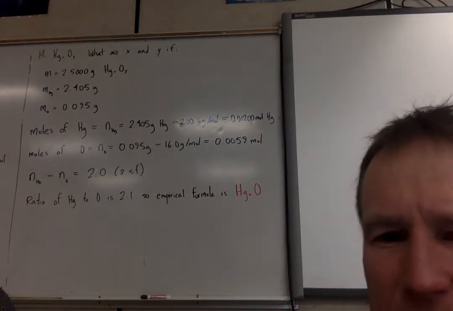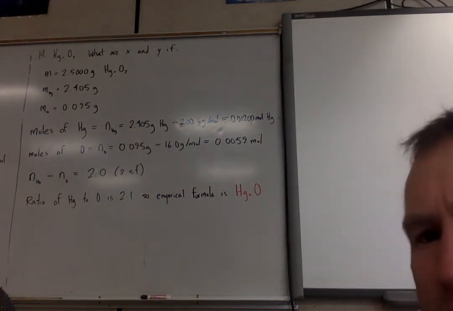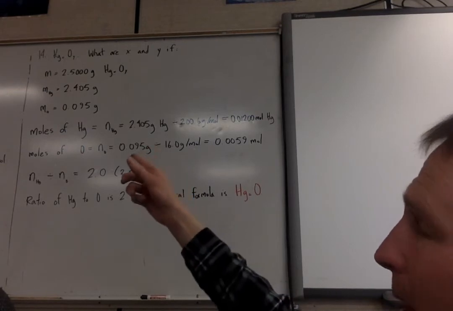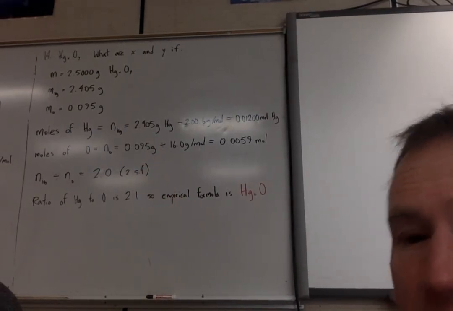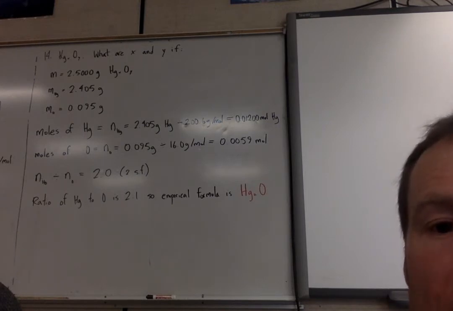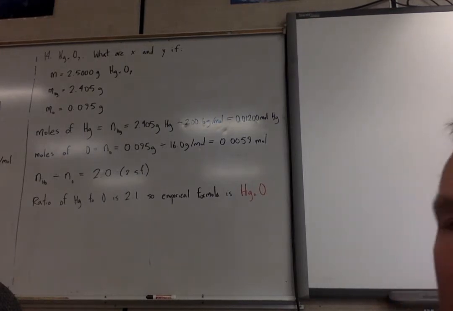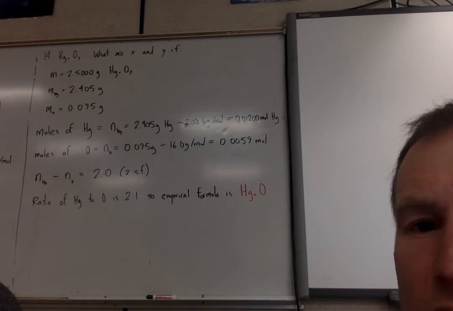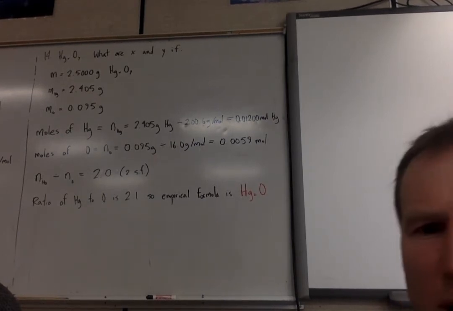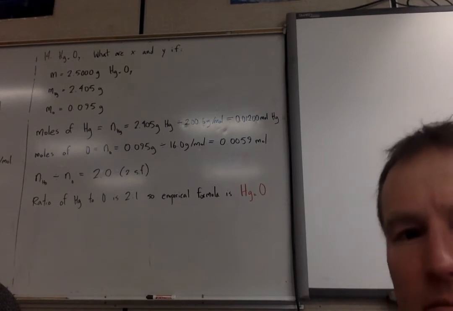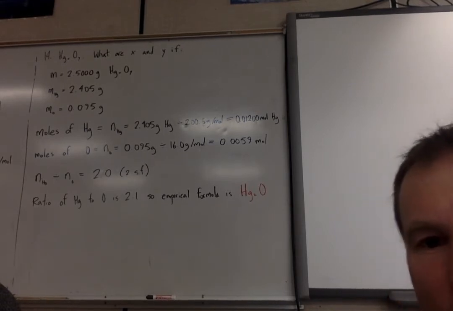I want you to notice the subscripts again. You should get used to using subscripts. The M little subscript Hg tells us mass of mercury. M little subscript O tells us a mass of oxygen. We can calculate moles. Mass divided by the molar mass is moles. But where do I get those molar mass values? Well, I get them from the periodic table. Here.